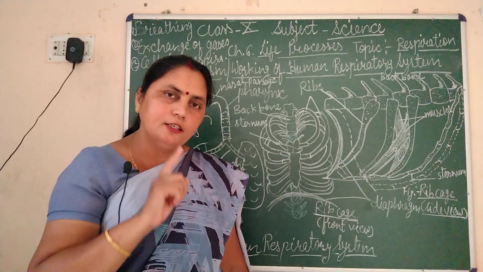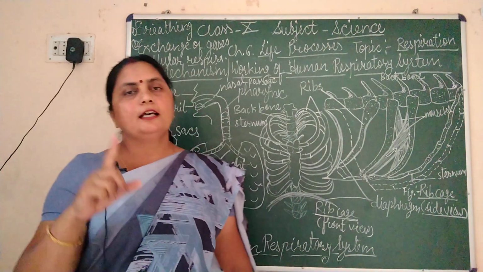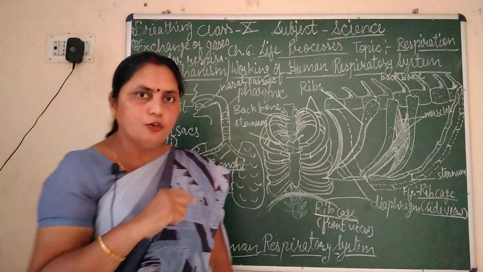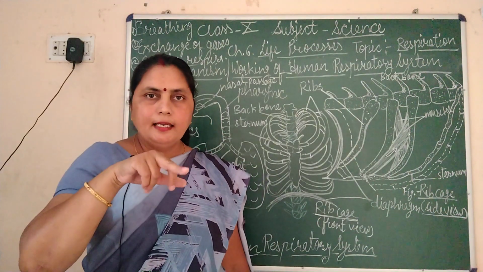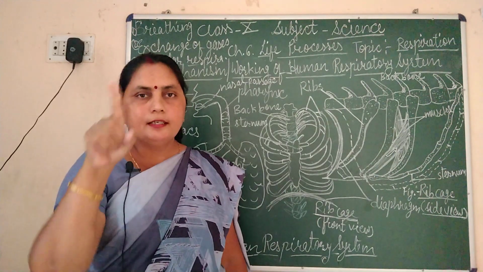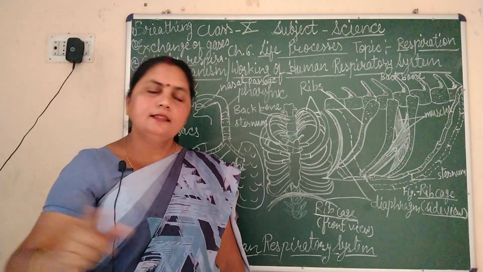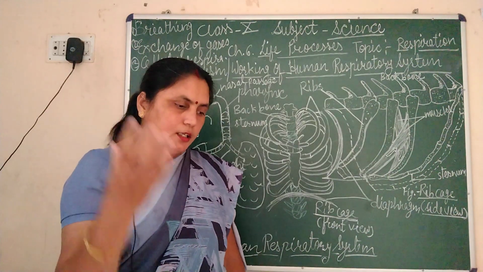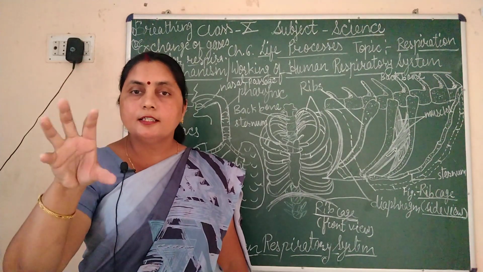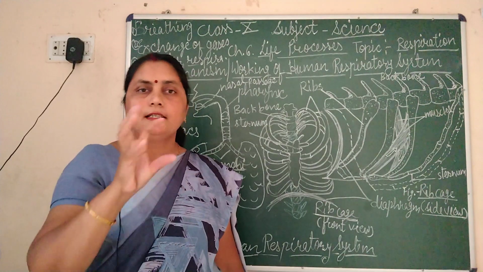And what is the tendency of gases? That they diffuse from the area of their higher concentration to the area of their lower concentration. So from air sac, the oxygen which is in higher concentration will diffuse into the blood capillaries through its walls. At the same time, the carbon dioxide which is present inside the blood has concentration more than the air filled in air sacs.